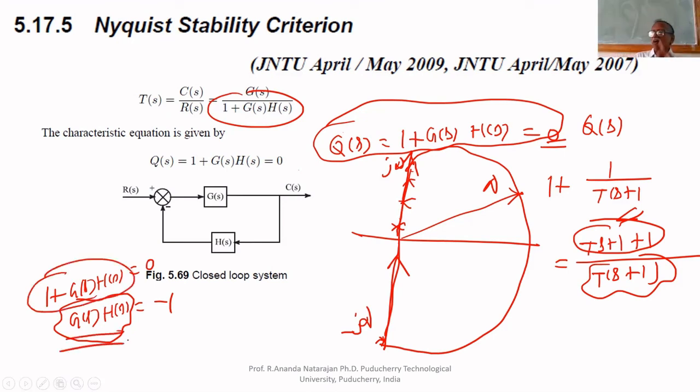If we check for -1, then we can check directly for the open loop transfer function. No need to go for the closed loop transfer function, because we are not checking for the origin. We are checking for -1. That's why we can check for G of S, H of S.